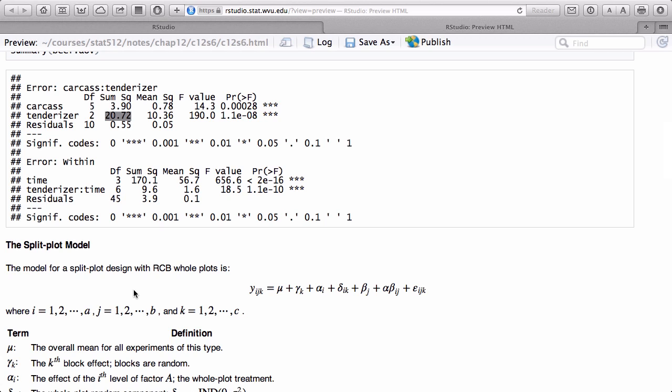Now, what you might also want to do is take time, and there's a concept of orthogonal polynomials. Orthogonal polynomials take time and fit a linear effect, but they're orthogonal. So you have a linear effect, then you have a quadratic effect. In this case, we have 3 degrees of freedom, so we could fit a linear, a quadratic, and a cubic.